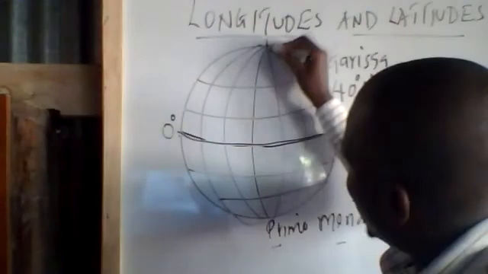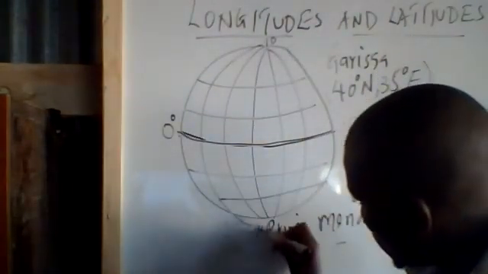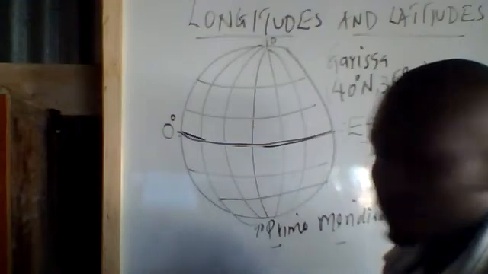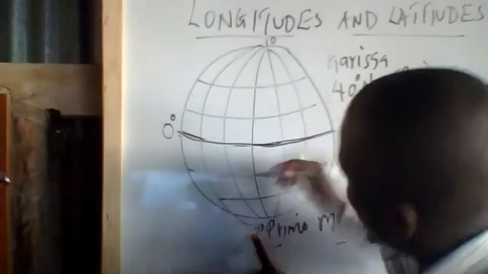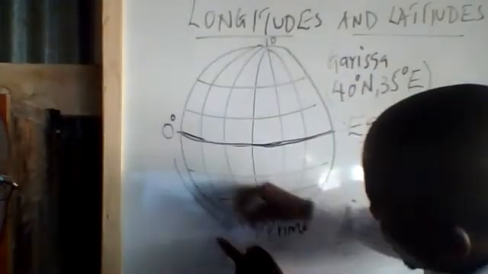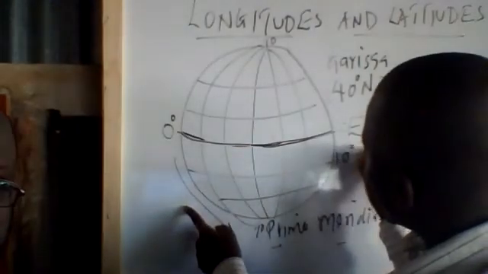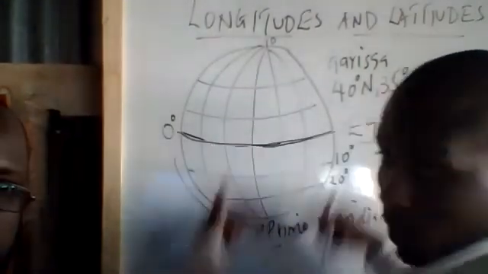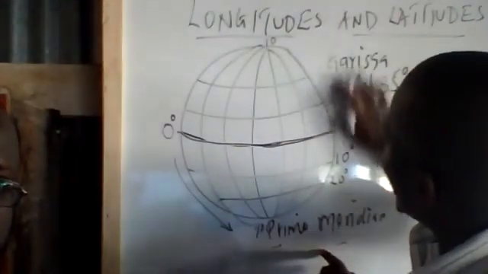Meaning that up there is going to be 90 degrees, down there is going to be 90 degrees. That means from this 0 degrees, moving to the south, you are going to move, for example, 10 degrees, 20 degrees, ukitaramuka mpaka ufike 90. Na ukienda juu, utakuwa unafanya hivyo hivyo tu.